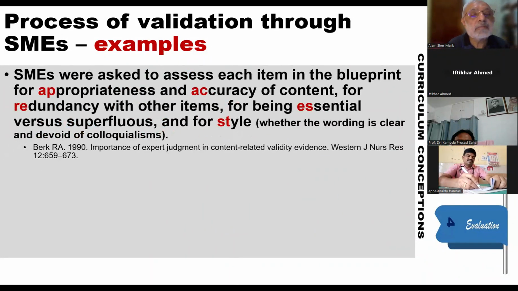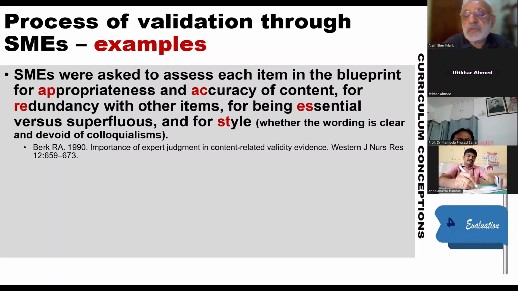Here, in this example, the subject matter experts were asked to assess each item in the blueprint for appropriateness and accuracy. So for each item in the content or in the blueprint, is it appropriate, is it accurate, is it not redundant, meaning it is not being repeated by other items, is it essential and not superfluous, and is it clearly stated.